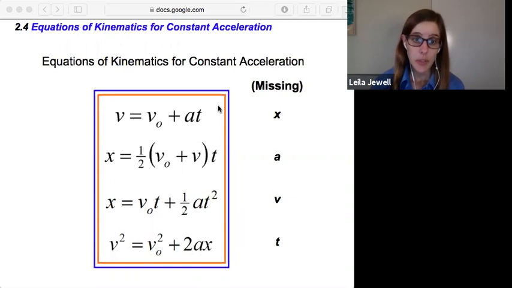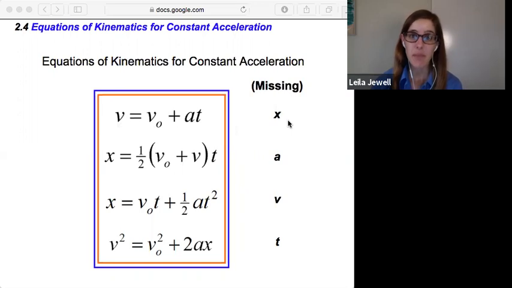And the interesting thing about these 4 equations is that they all have 4 out of 5 of our kinematic variables from the previous slide. So they're all missing one of the 5 kinematic ones, right? So this top one has no mention of displacement x. Now, that doesn't mean if you want to find displacement, you use this one because you're missing displacement.